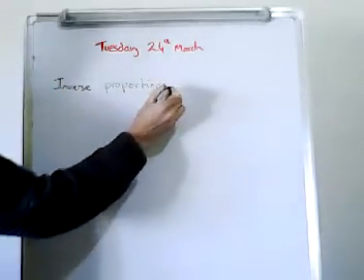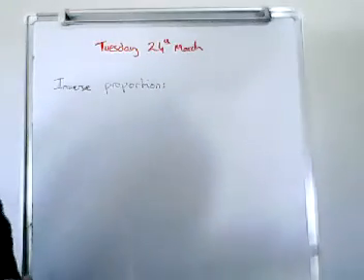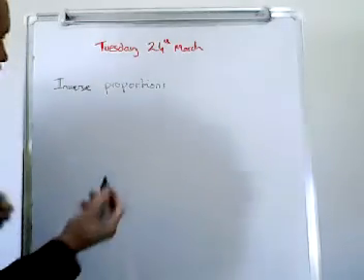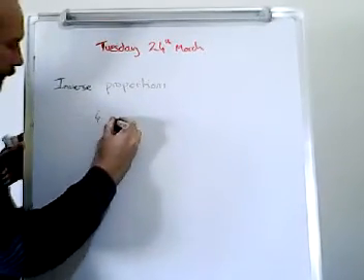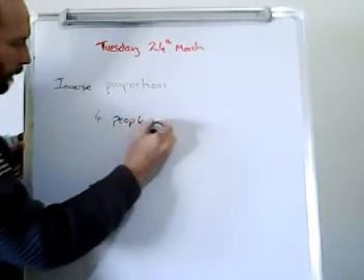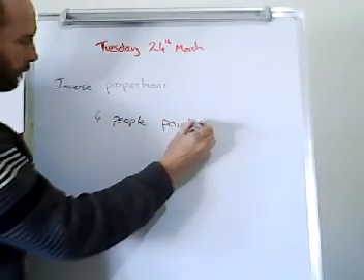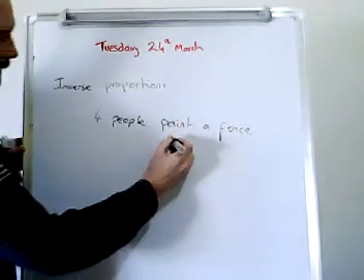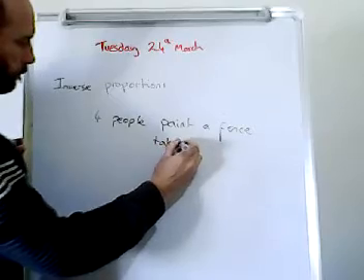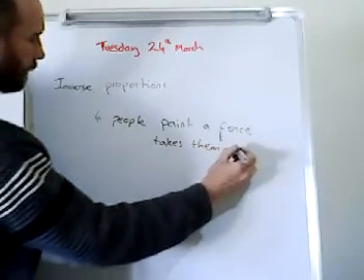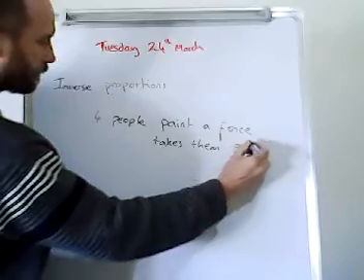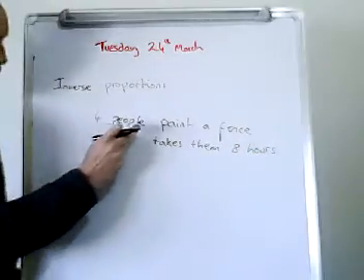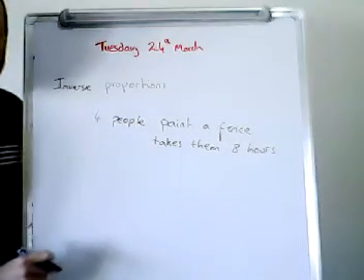Now, the example that people give, and it's the example that's in the other video, so I'll try and use it again here: if we have 4 people paint a fence, and it takes them, I don't know, 8 hours. So 4 people paint a fence and it takes them 8 hours.